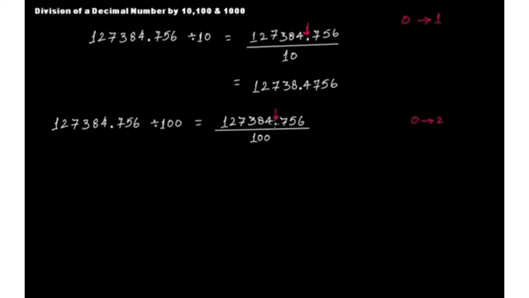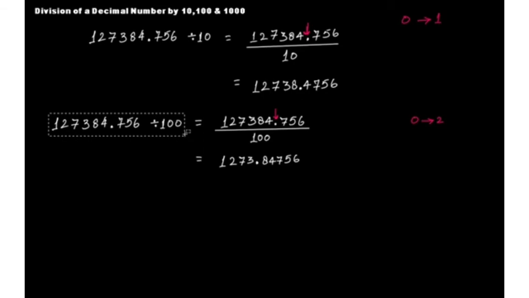So towards the left of this decimal point, count 2 digits, first and second, that is 4 and 8. Place your decimal point just before 8. So your answer will be 127,38.4756.